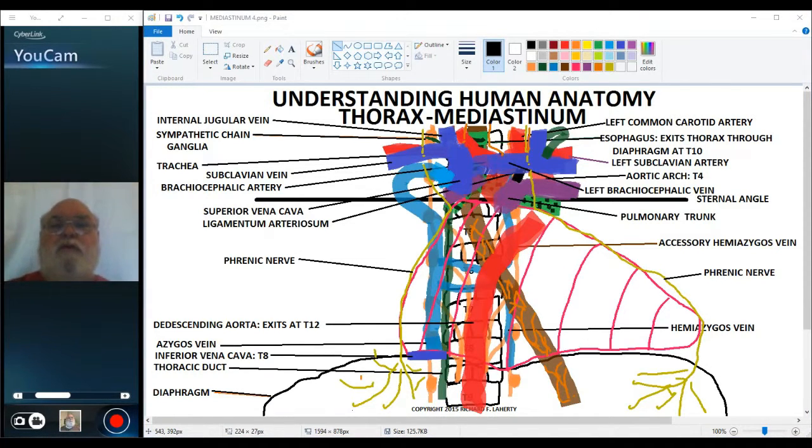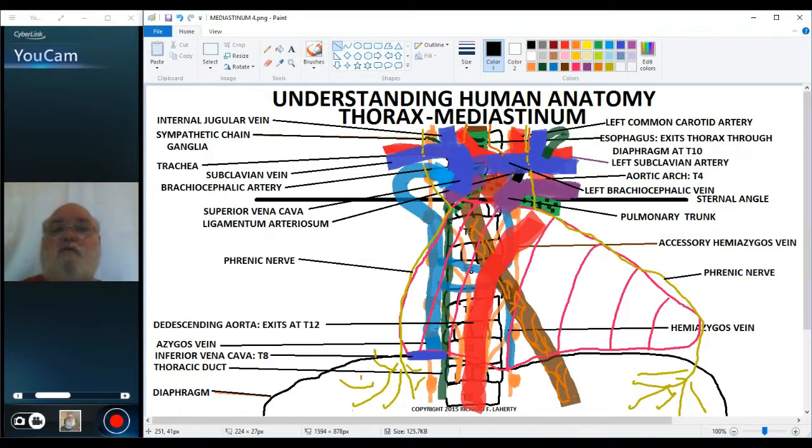Now, you will notice that while I've described structures in the superior mediastinum, the posterior mediastinum, and the middle mediastinum, I haven't mentioned anything in the anterior mediastinum.